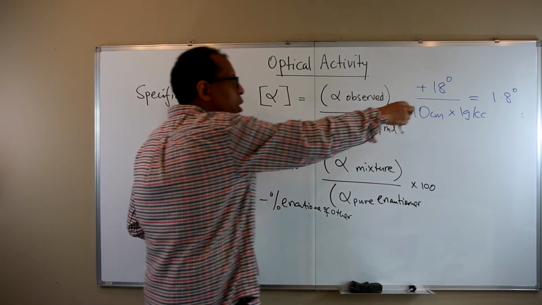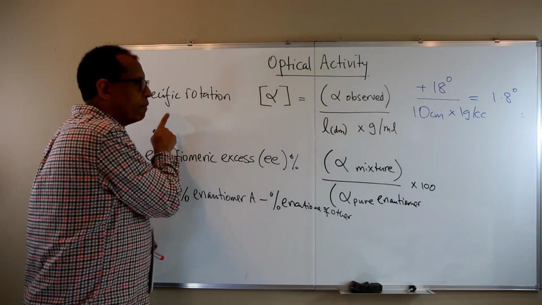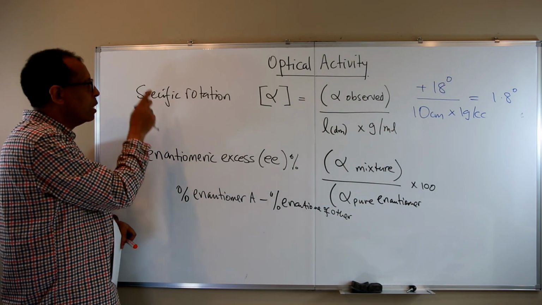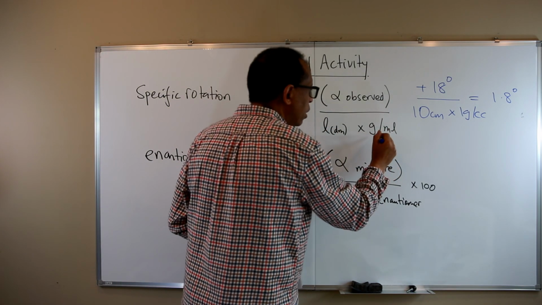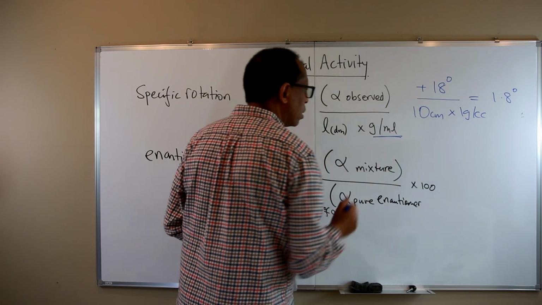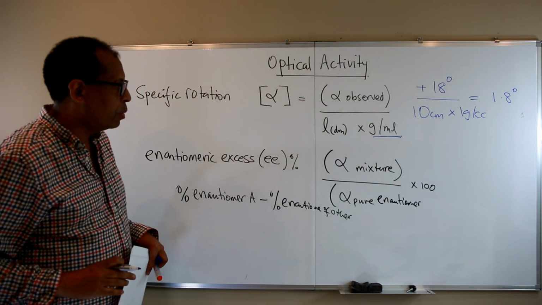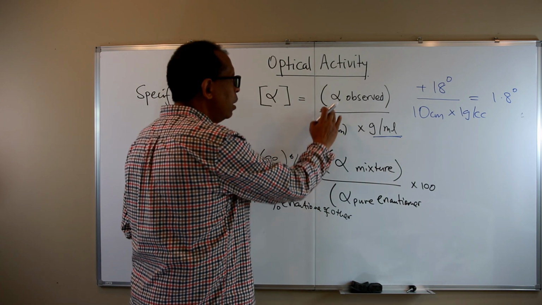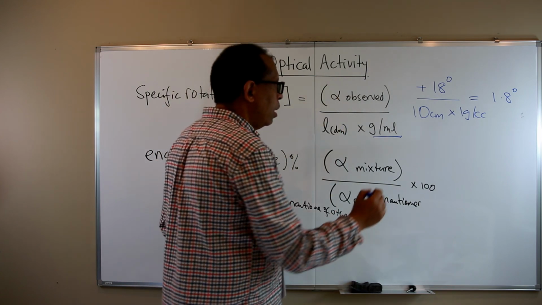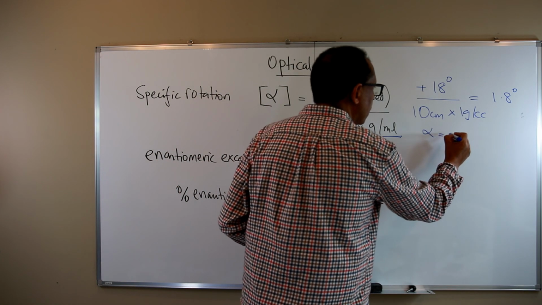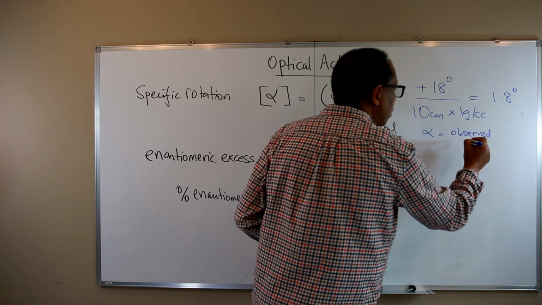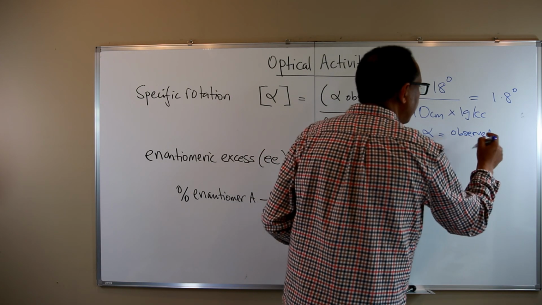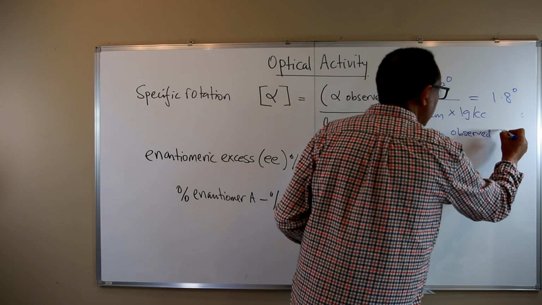So the total rotation is different from specific rotation in that the specific rotation takes into account the concentration. This is the concentration of your sample. This is the length of the cell. This is what you measure. So alpha observed is a measured value. That's measured.